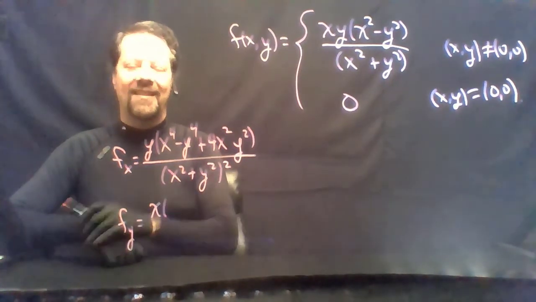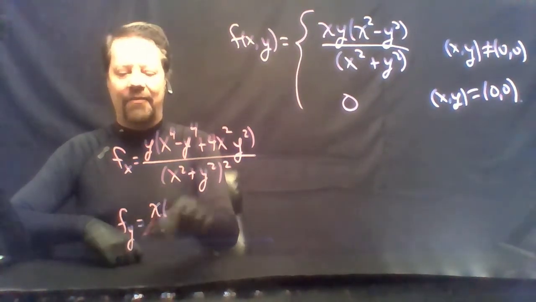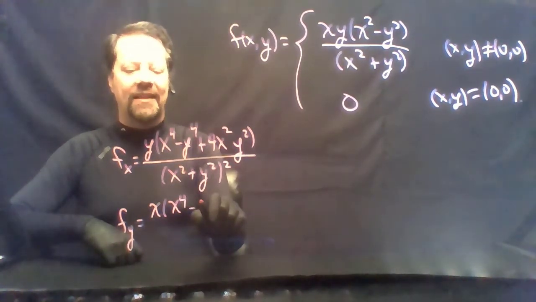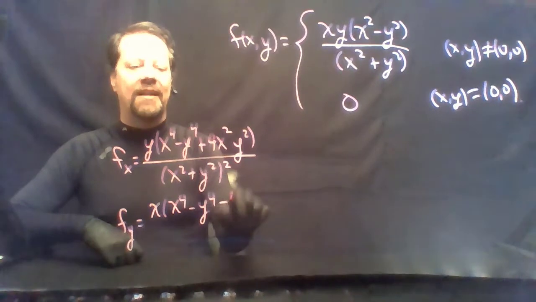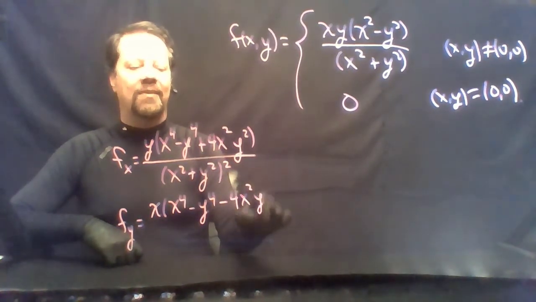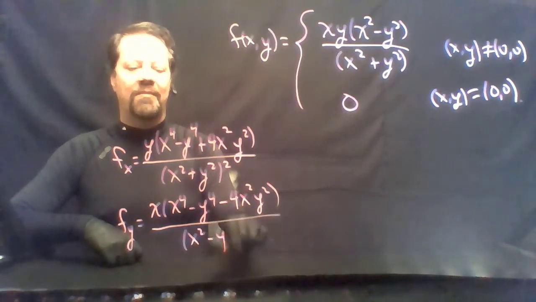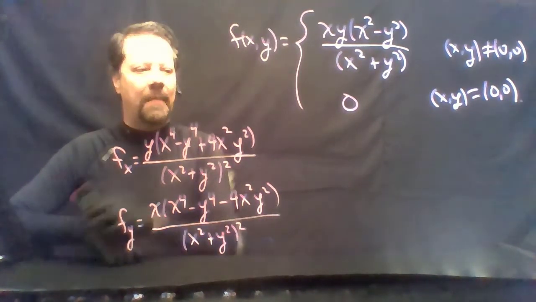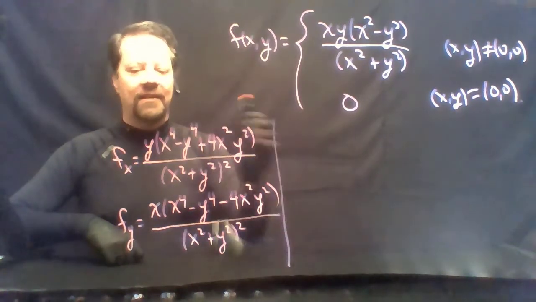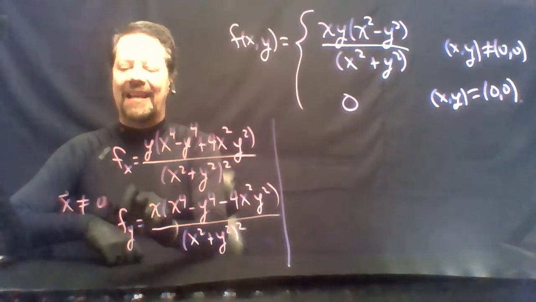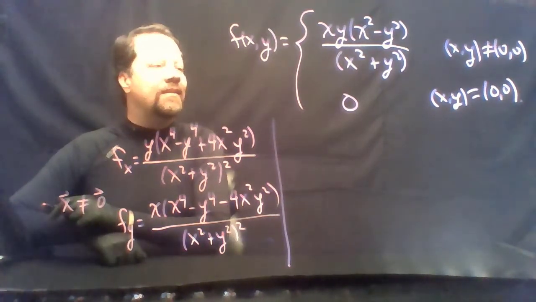Similarly, you can show that fy is x times (x to the fourth minus y to the fourth minus 4x squared y squared) over (x squared plus y squared) quantity squared. So we have the partial derivatives as long as (x, y) is not at the origin.